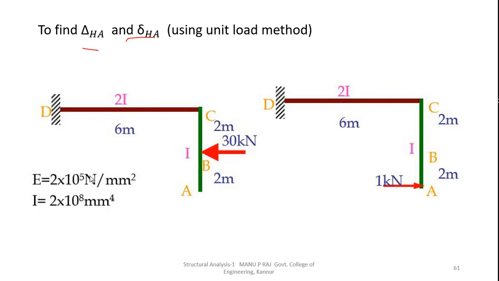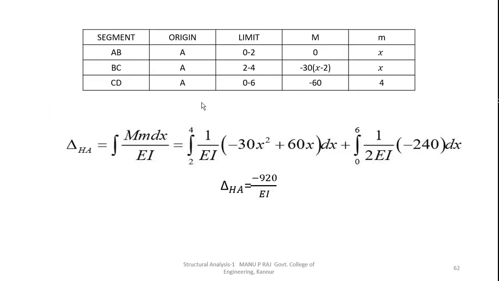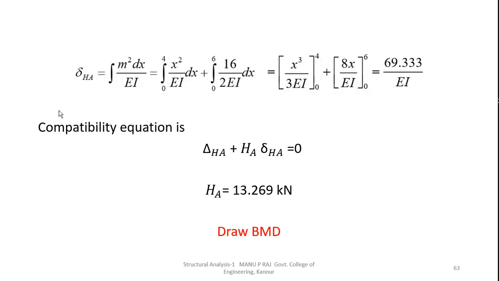In this problem, E and I values are like this. Also draw the released structure with redundant load only. We are removing the external load, and the redundant force is applied. Now tabulate the result and, using the unit load method, find out the value of capital delta HA and small delta HA.